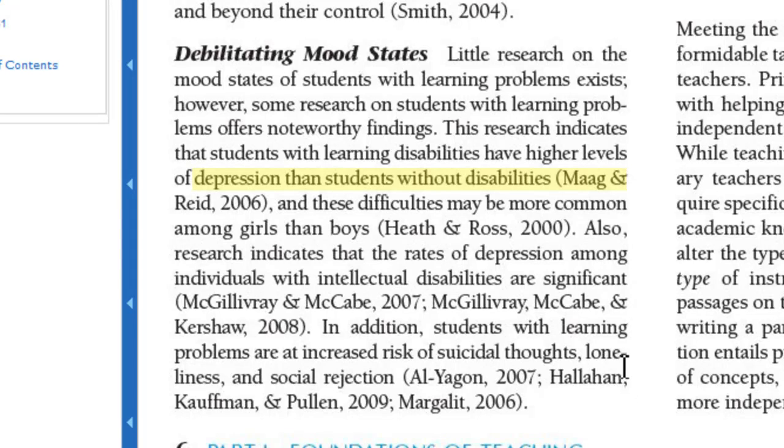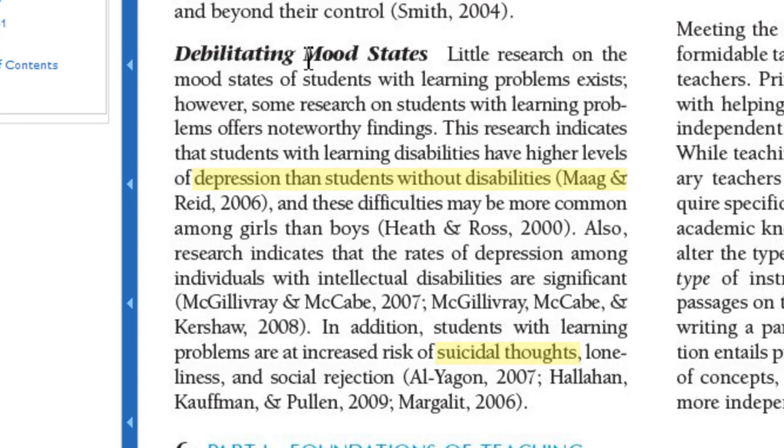Also, research indicates that the rates of depression among individuals with intellectual disabilities are significant. In addition, students with learning problems are at increased risk of suicidal thoughts. Okay. Isn't that interesting? Loneliness and social rejection.